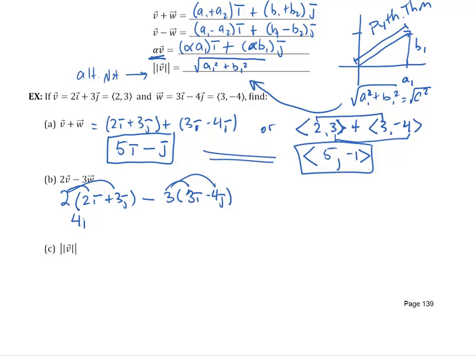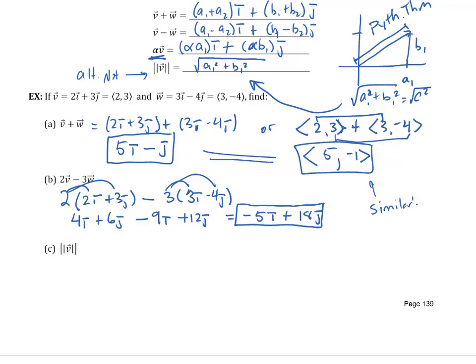So you get 4i plus 6j minus 9i plus 12j, and collect like terms. 4i minus 9i is negative 5i, and 6j plus 12j is plus 18j. So it goes negative 5 in the x direction and 18 in the y direction. I could alternatively use the angle bracket notation, but this approach is my preferred approach.